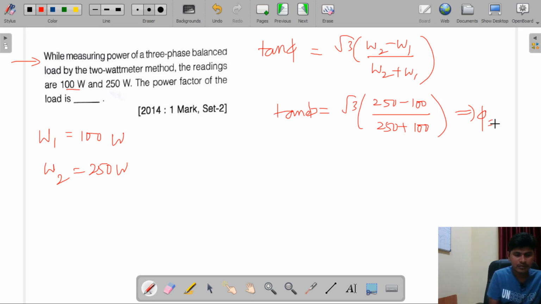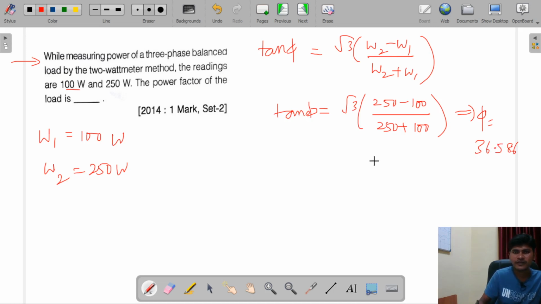You're going to get 36.586, so the phase angle will be equal to 36.586 degrees.